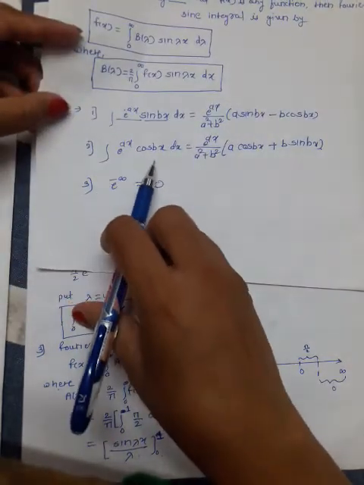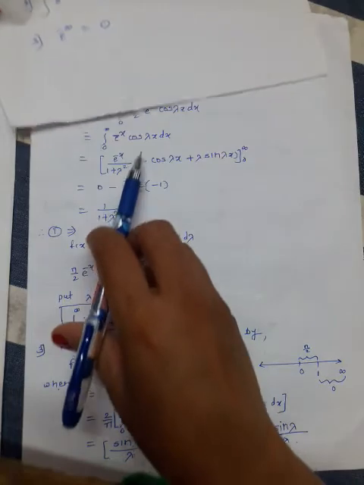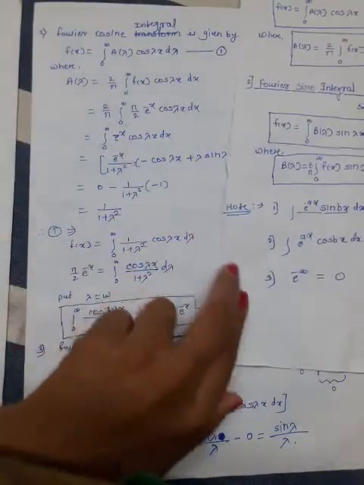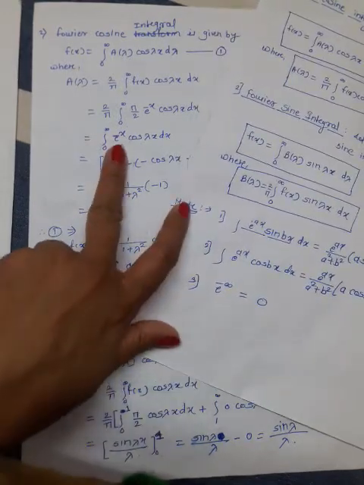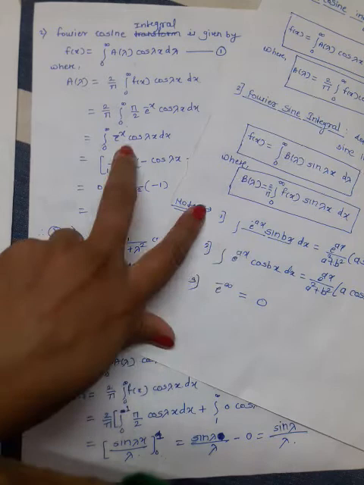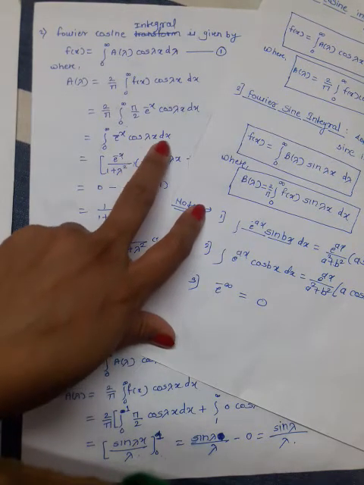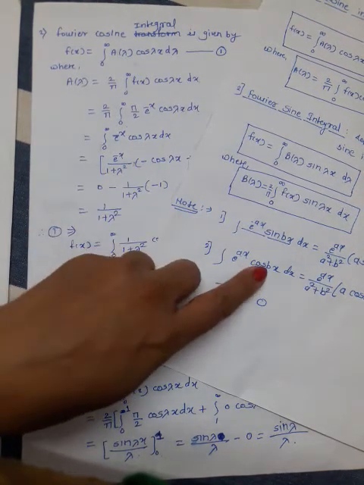The formula is the integration of e raised to ax cos bx dx. What is a here? In this example, a is minus 1, and for cos lambda x, integration with respect to x, lambda is our b value.